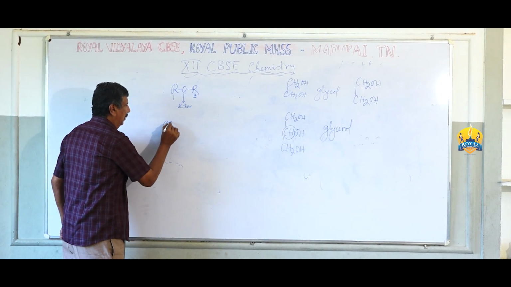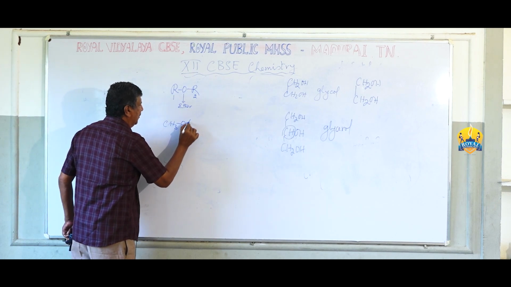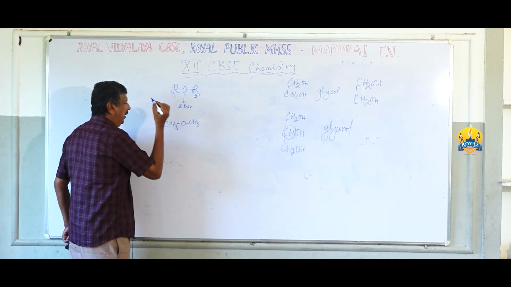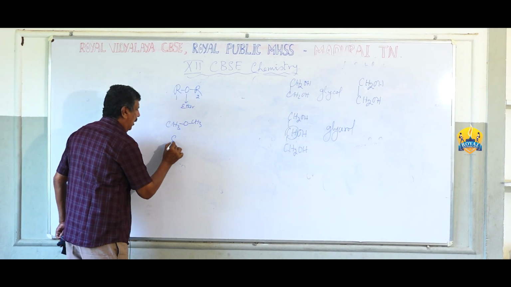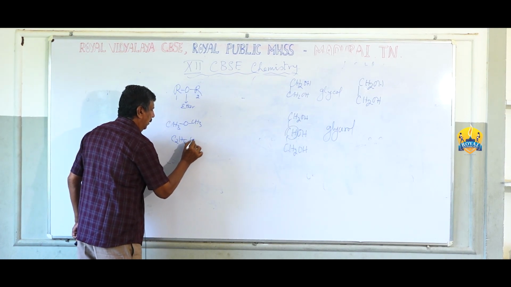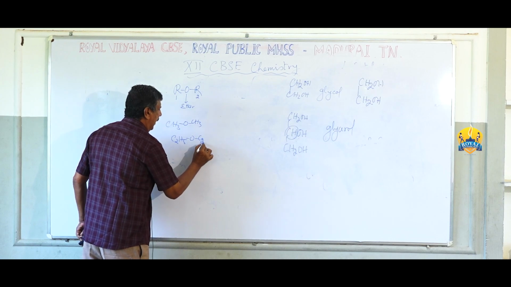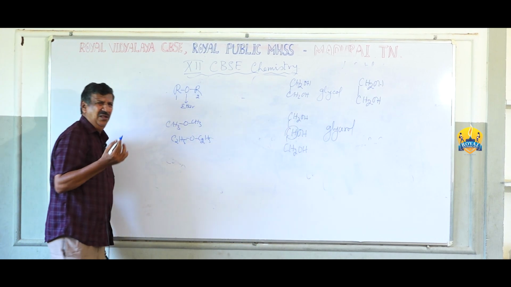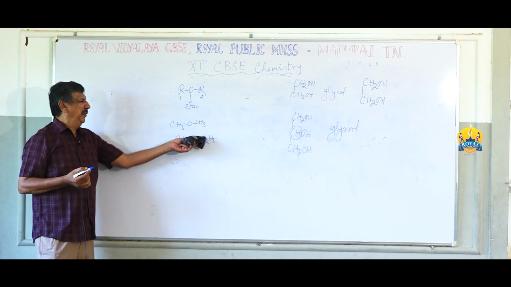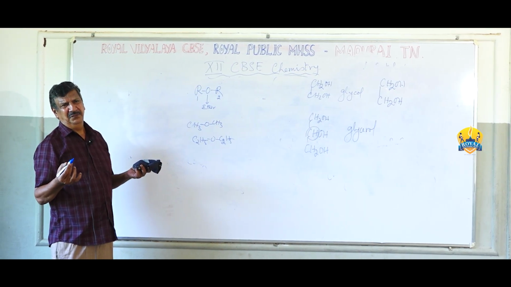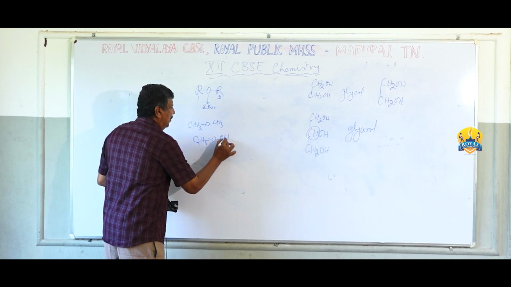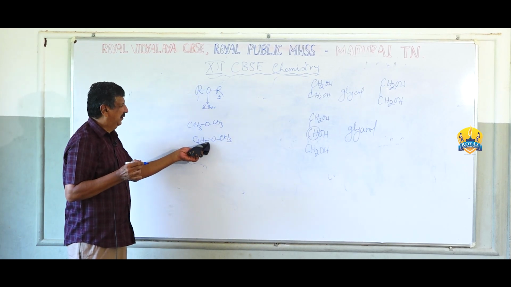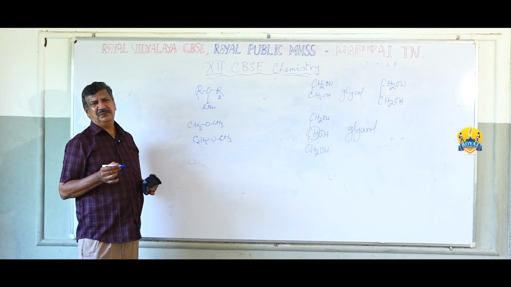For example, what is the compound named as? Dimethyl ether. Okay, this one, diethyl ether, that's all. Then the third one, sir, if you have like this, what will be the name? Ethyl methyl ether.